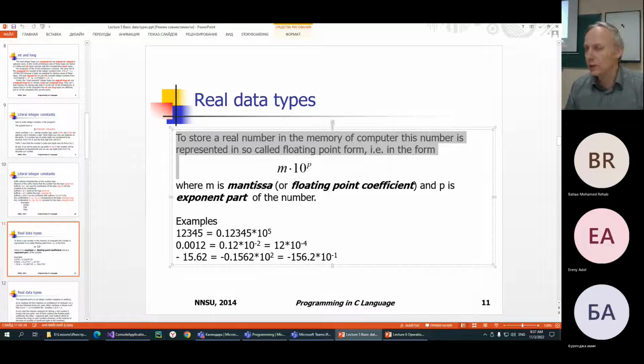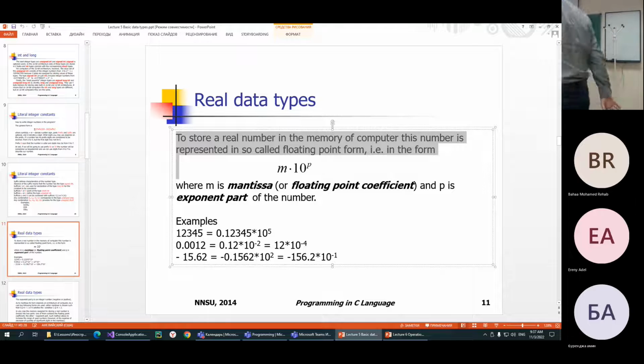How do we write real numbers in usual life? Can you give me an example of a real number? 2.5. Yeah. Another example. 3.6. Very good.